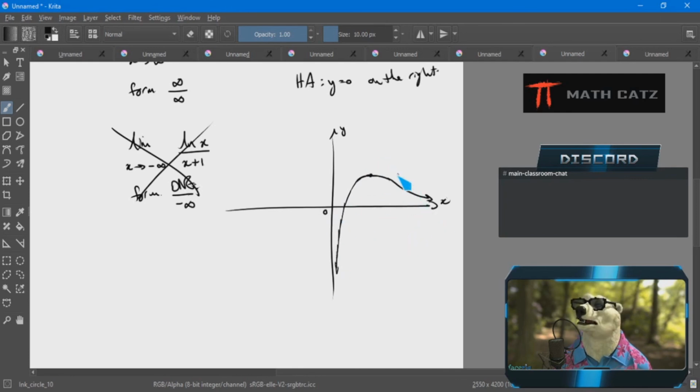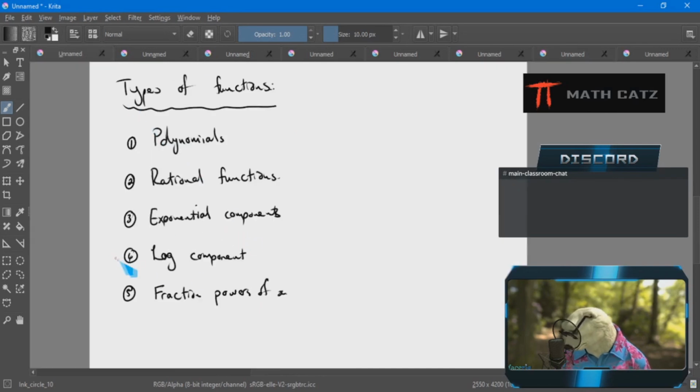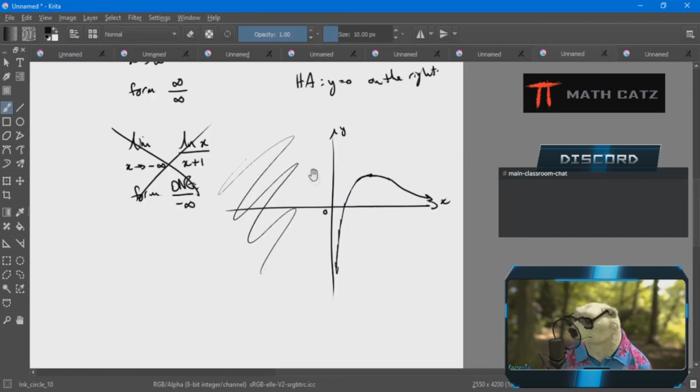It's not expected. But I want to at least give you an image that it can happen that I have a vertical asymptote here and a horizontal asymptote on the right and absolutely nothing on the left. It's a different kind of function, which is why it's categorized as a different type, because what happens when I try and graph it and analyze it is different from everything else. Okay.